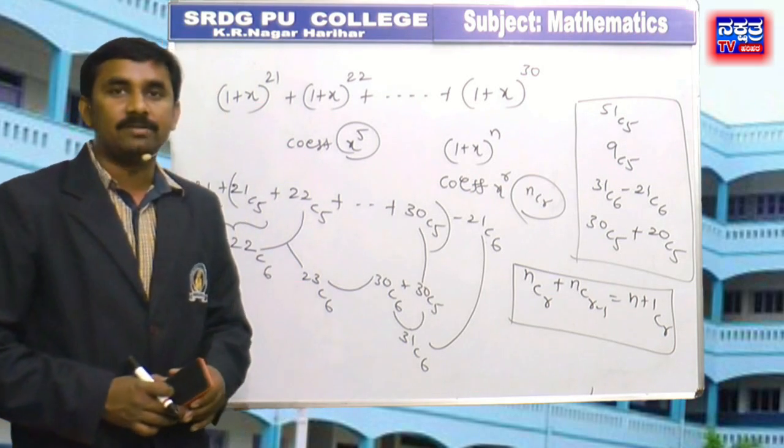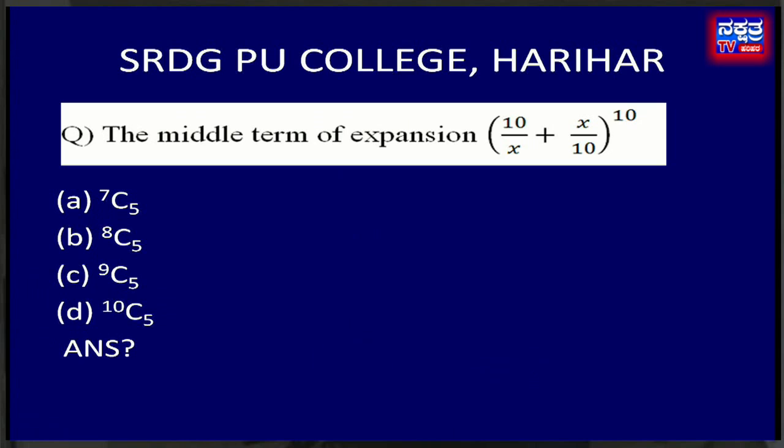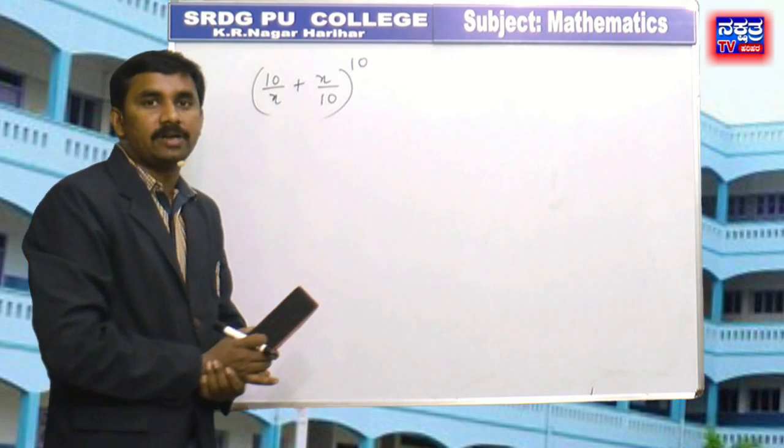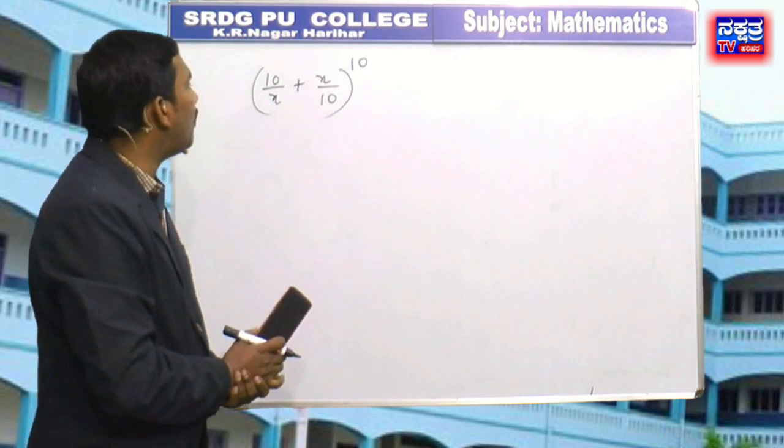What's the next question? The middle term of the expansion (10 by x plus x by 10) whole power 10. Option A 7C5, option B 8C5, option C 9C5, option D 10C5. What's the board? Dear students, the given expansion is (10 by x plus x by 10) whole power 10.